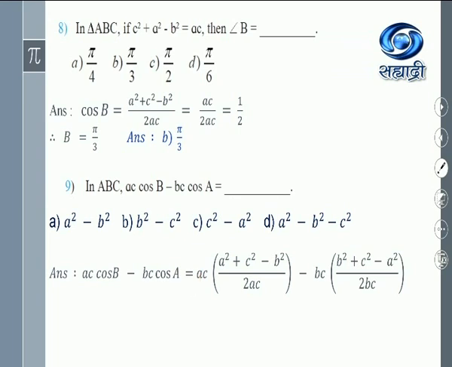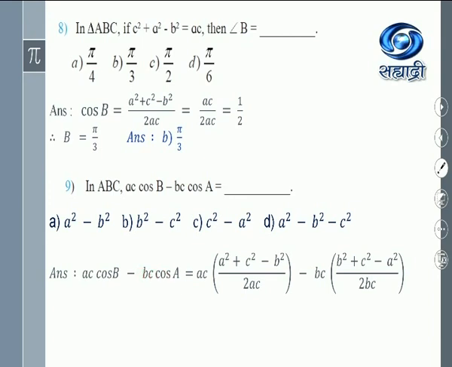AC we keep as it is. Cos B, you know the formula. It is a² + c² ... Either you remember in this manner, or as I told you earlier, use the cyclic order. Cos B is (c² + a² − b²) upon 2CA. That depends on you, how you are remembering.